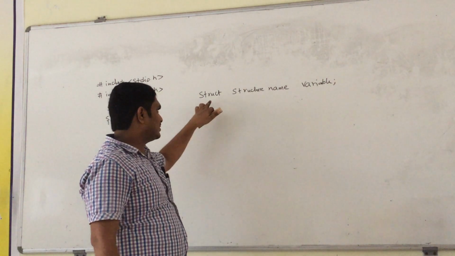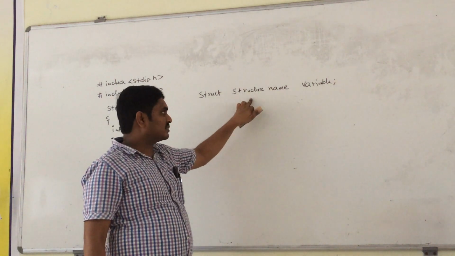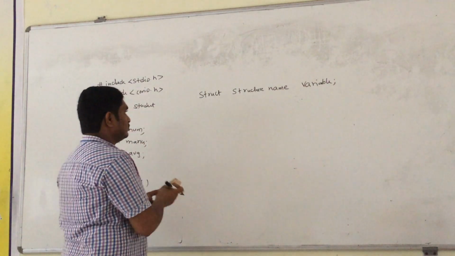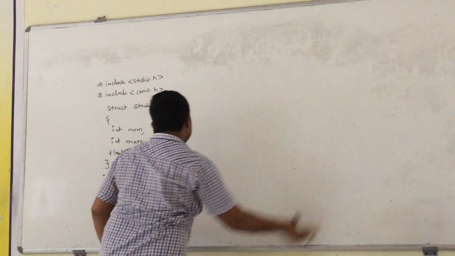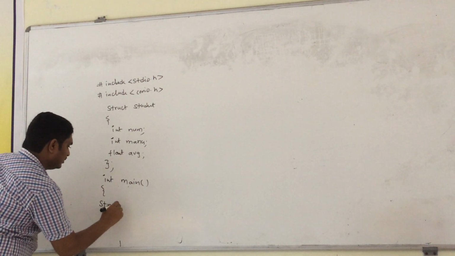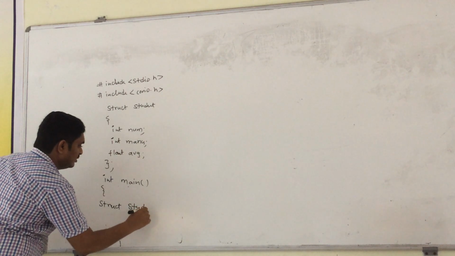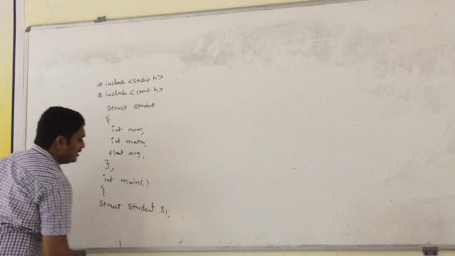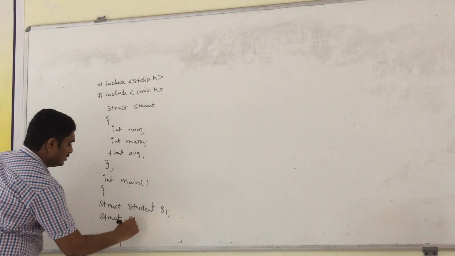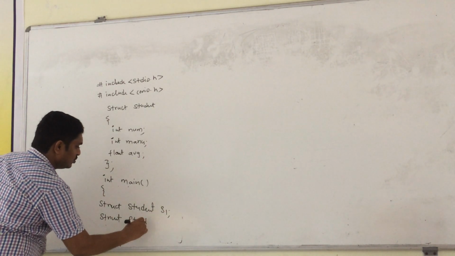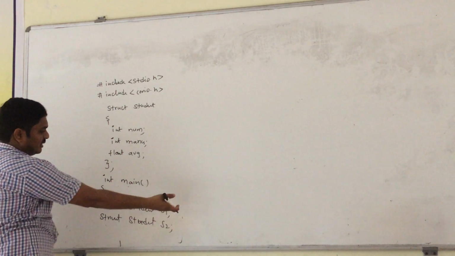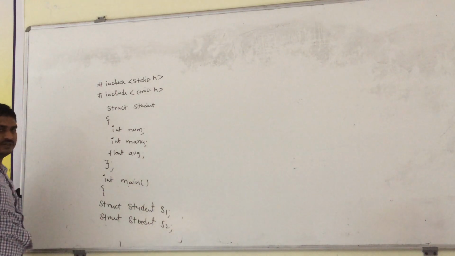First struct, then structure name, then variable. For this, the structure name is student and the variables are S1 and S2. We can take S1, S2 in the same line or different lines, whatever it may be.